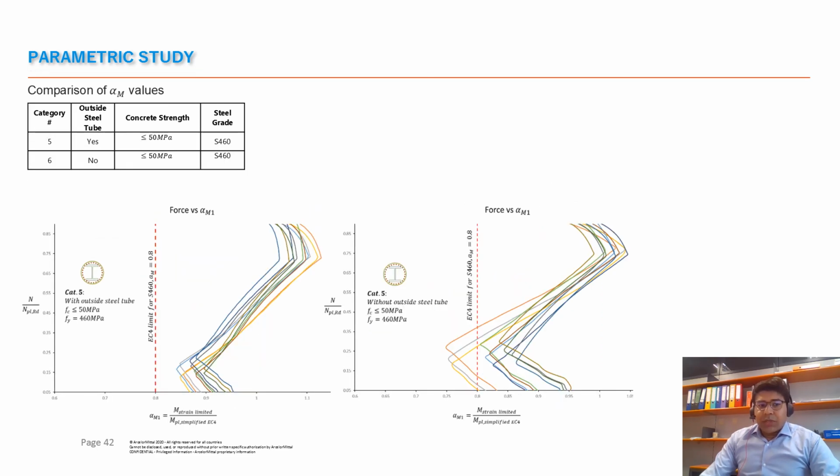When the curves were checked for normal strength concrete but using a high strength steel cross section, some of the curves exceeded the limitation of 0.8 in this case, and this needs to be looked at for higher grades of steel.